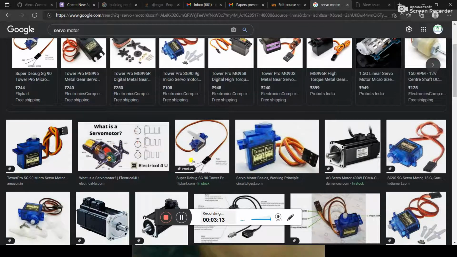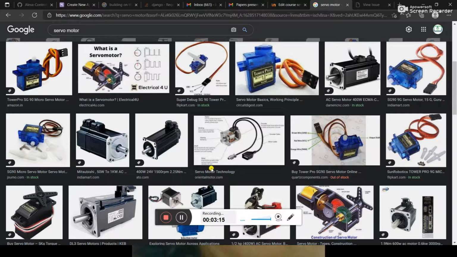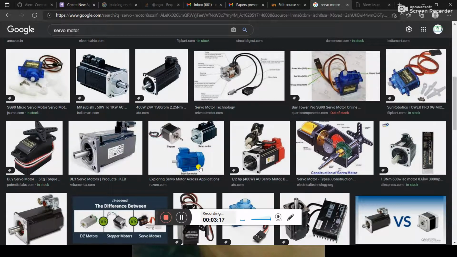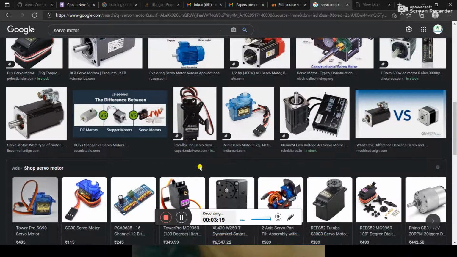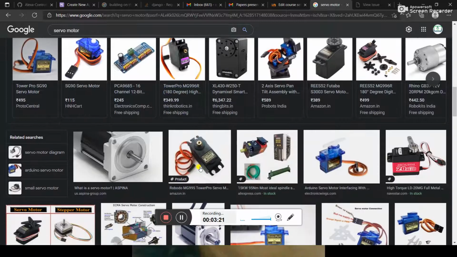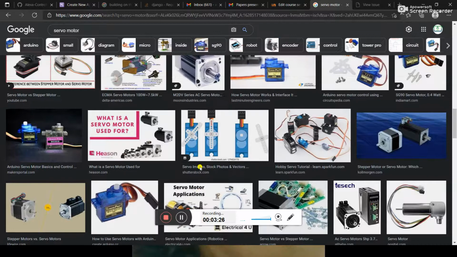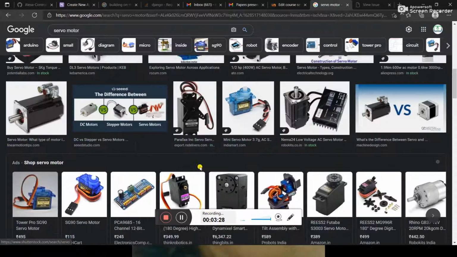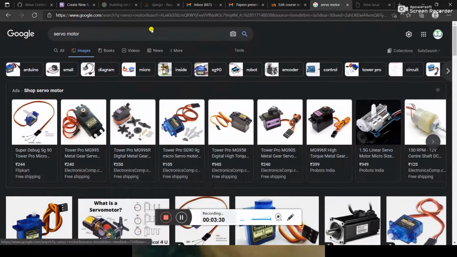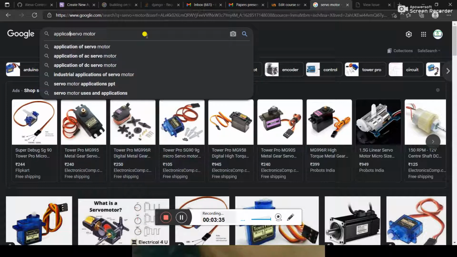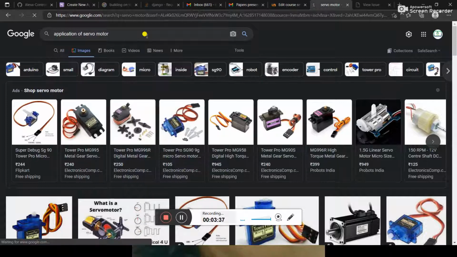So that is a servo motor, and it is widely used. You can see many types of servo motors here. You may need to interface with these motors so that you can control some applications. Here I am writing applications of servo motor.